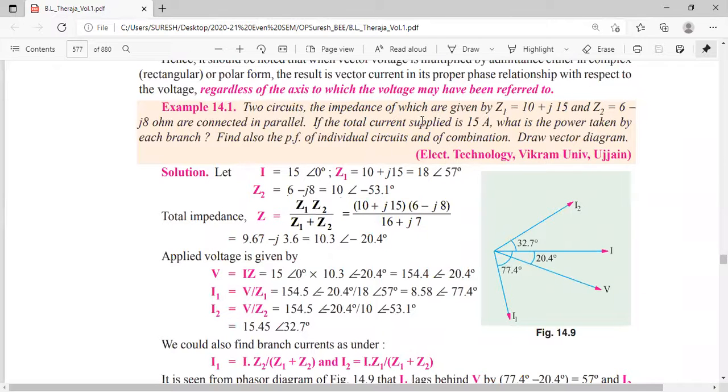Two circuits, the impedances of which are given by Z1 and Z2, are connected in parallel. Your heading is parallel AC circuits.